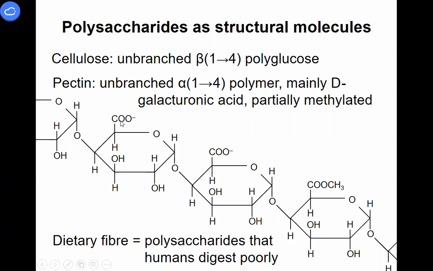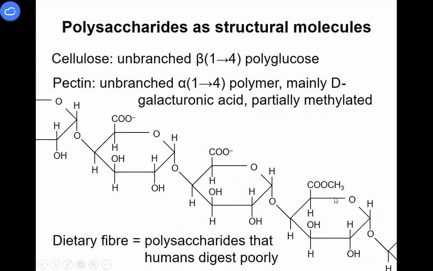So strictly speaking, the chemical formula for this is not equivalent to a carbohydrate. However, structurally it looks very similar to a carbohydrate, and so we would still classify this as a carbohydrate, even though it doesn't meet that formal CH2O times n formula. But it's clearly very related to a carbohydrate.